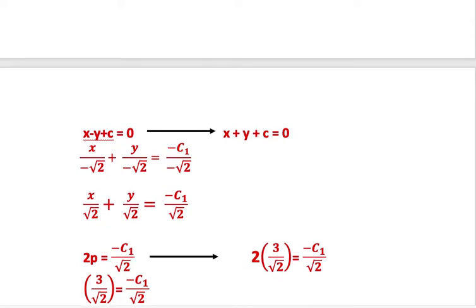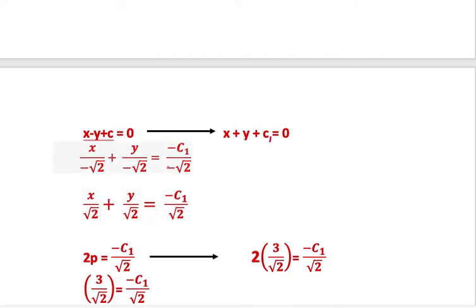So, let's go back to the equation. So, x plus y plus c equals 0. Again, let us change the value of b since it is perpendicular. So, may I use c sub 1 here? So, x over negative square root of 2 plus y over negative square root of 2 equals negative c sub 1 over negative square root of 2.